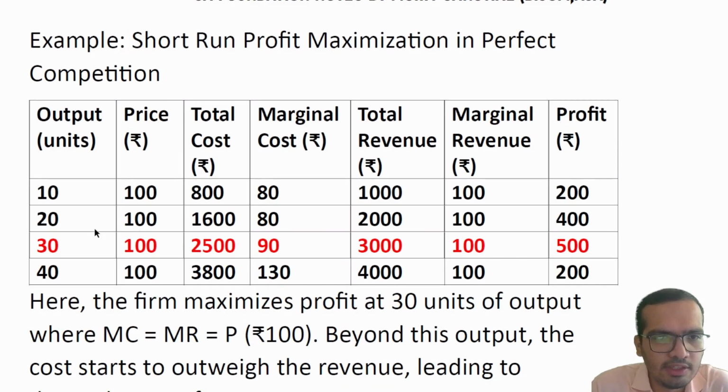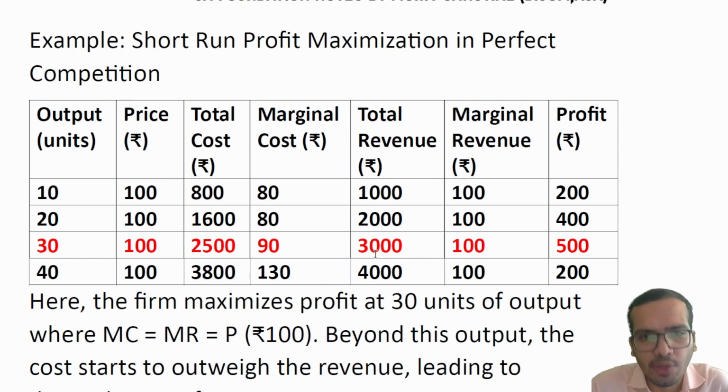So in case 3, where our output is 30, the price will be rupees 100 and the total cost is 2500, and marginal cost, the additional cost from 20 to 30, is 90. Here marginal cost is nearly the same as marginal revenue, that is 100, where the profit will be maximum, that is 500 in our case.